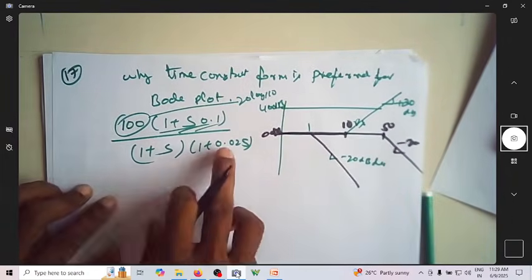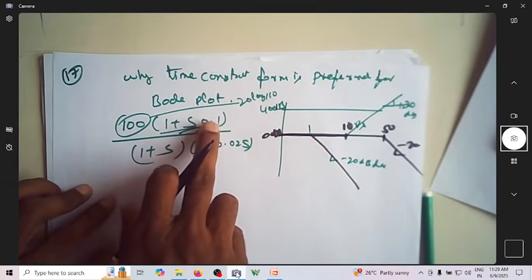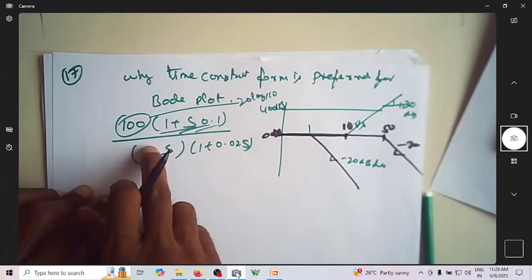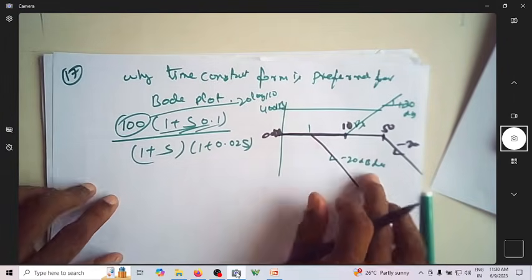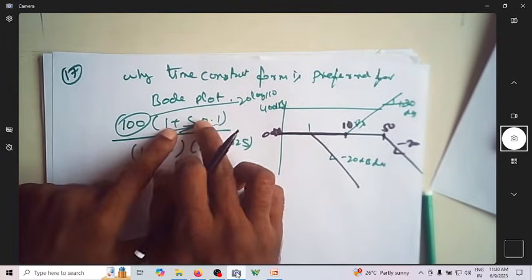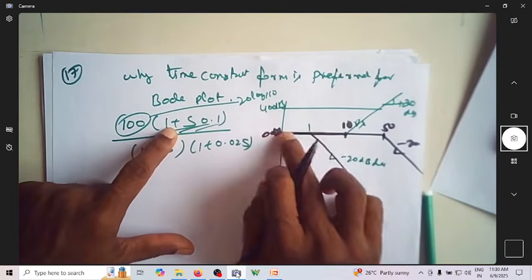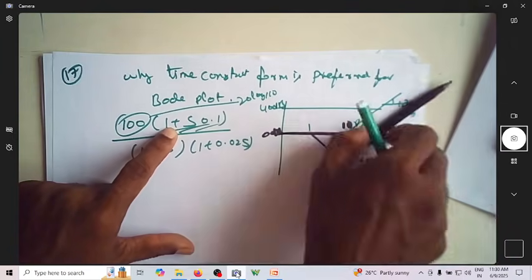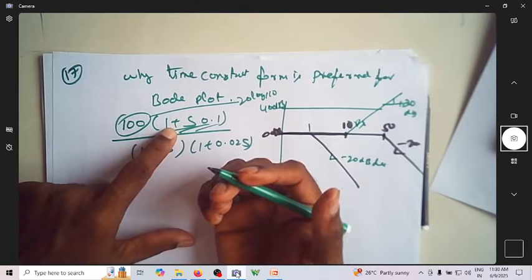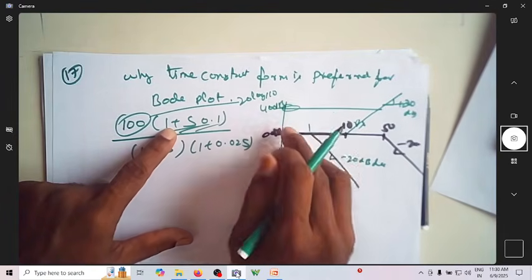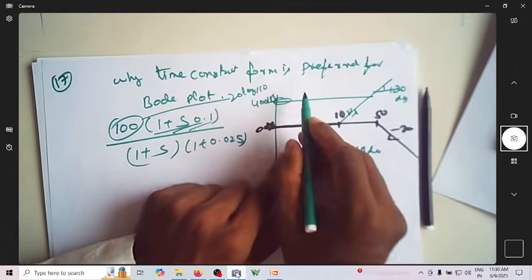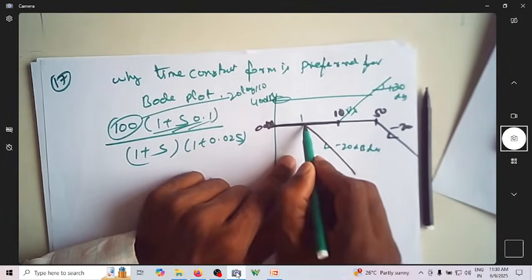The advantage of having them in time constant form is that all of their contribution starts after their cutoff frequency. What is the contribution of this till 10 radian per second? It is 0 dB. So then what is the magnitude of your system? The magnitude is due to only this 100 till 1 radian per second.